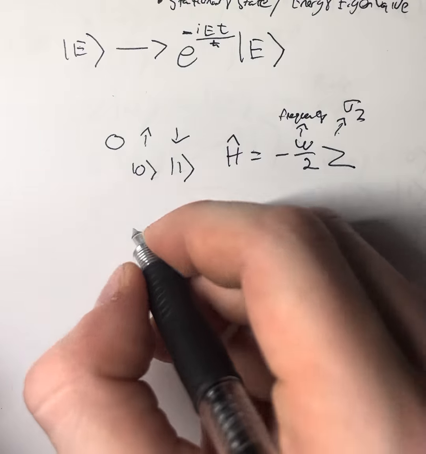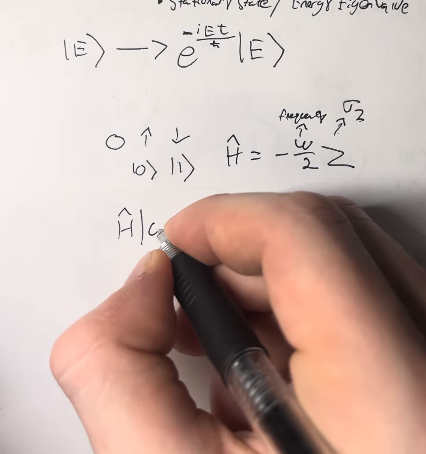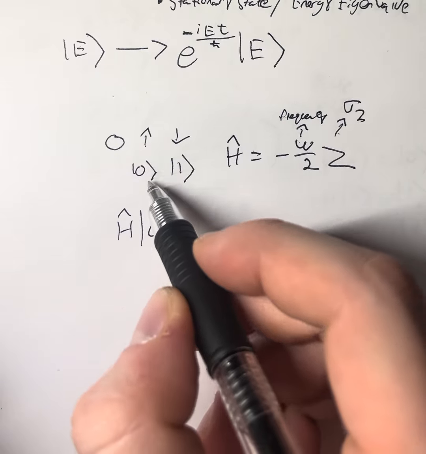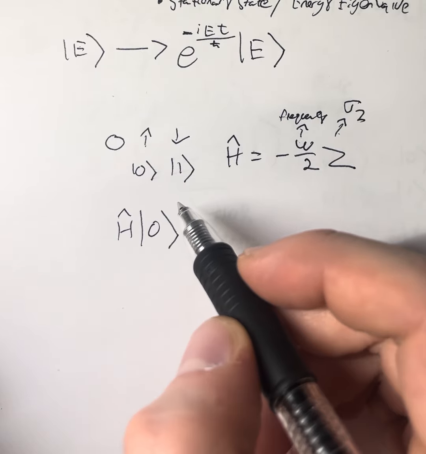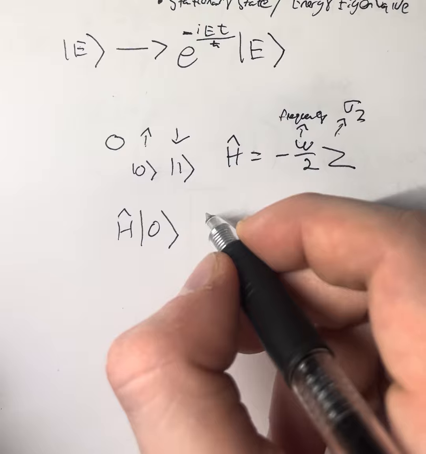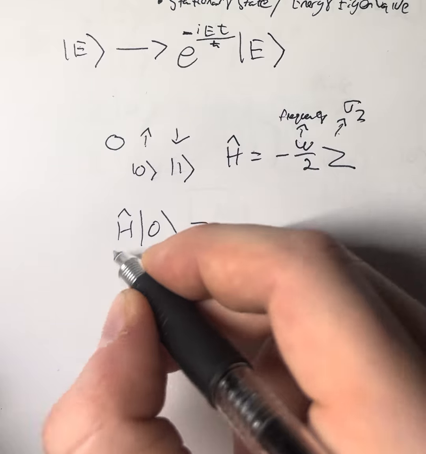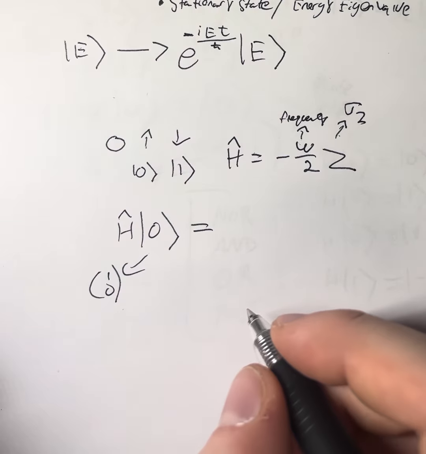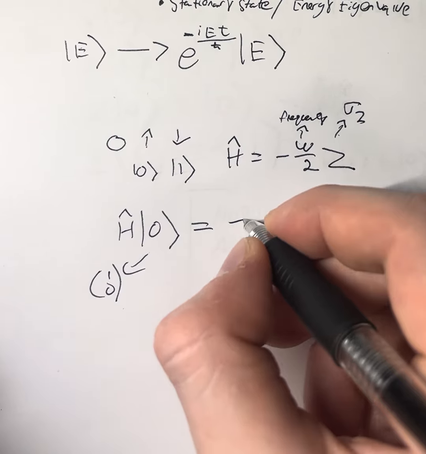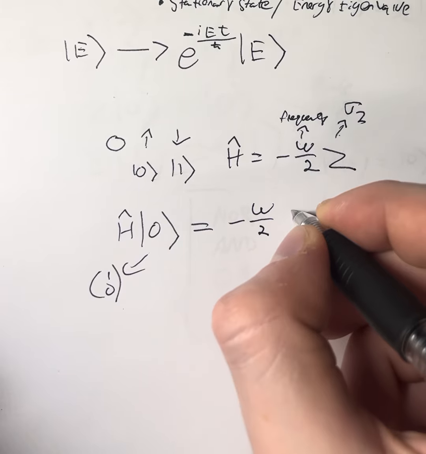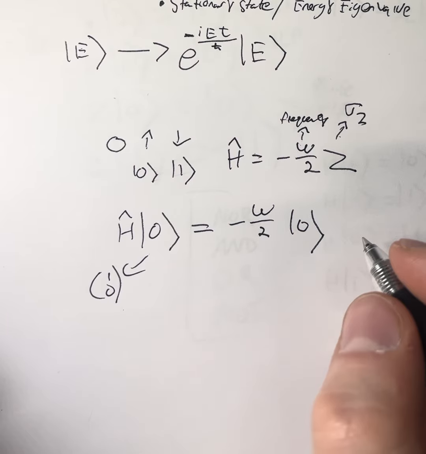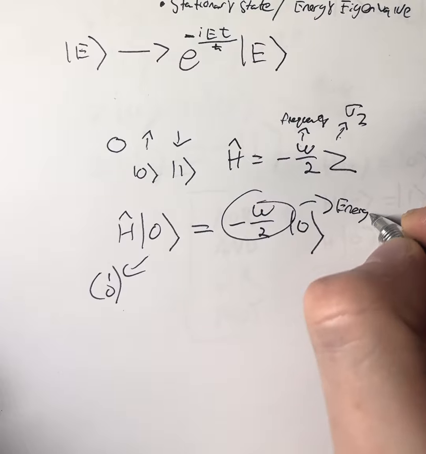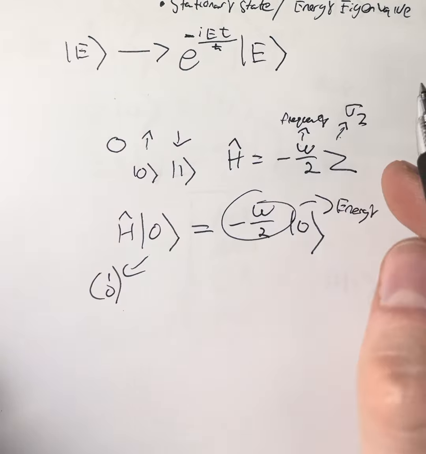So let's say we apply this Hamiltonian operator to an electron that is in a Ket 0 state, and we want to know its energy. So if we just apply it to the Ket 0 matrix, which if we remember is 1, 0, then we get negative omega over 2 times Ket 0. Now, this negative omega over 2 is our energy, or our stationary state.